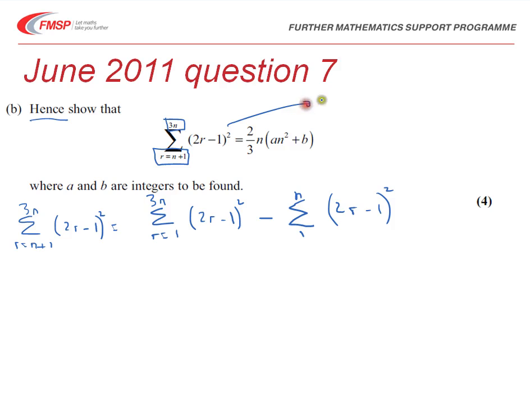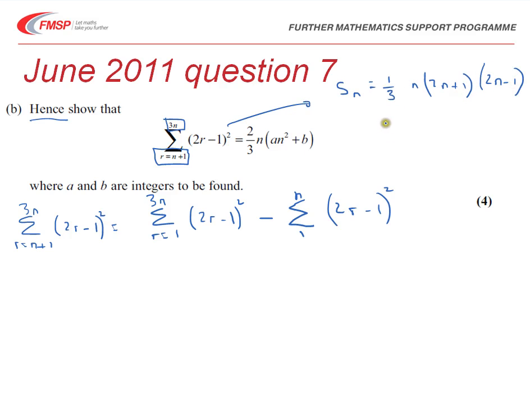And just to write it down for you, we'd shown that that sum from 1 to n was equal to 1/3 n, 2n plus 1, 2n minus 1.